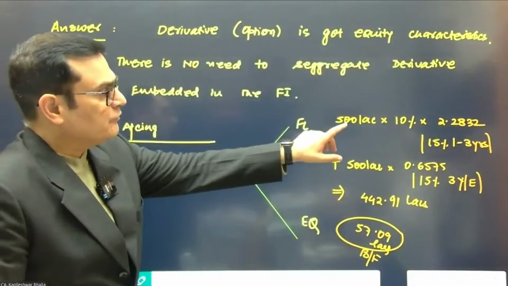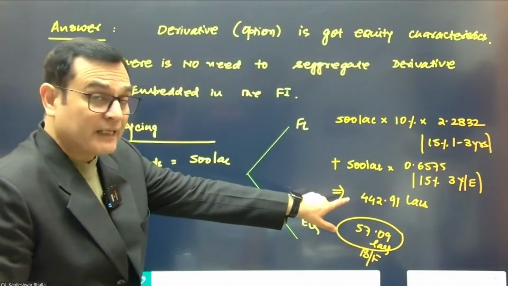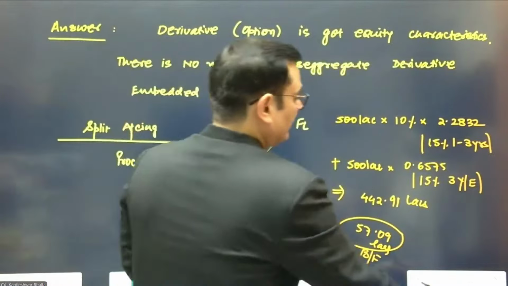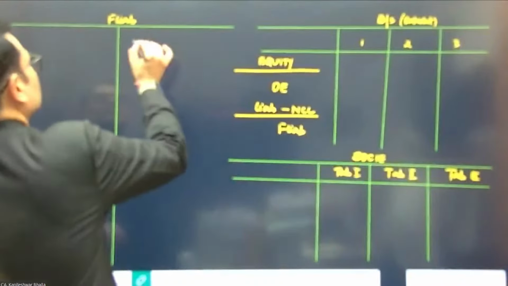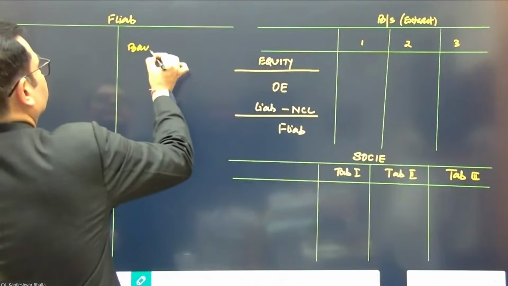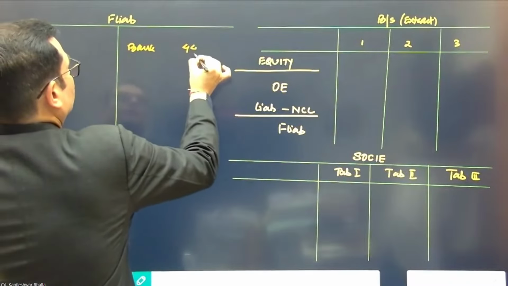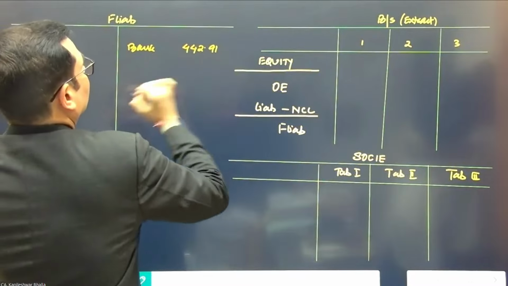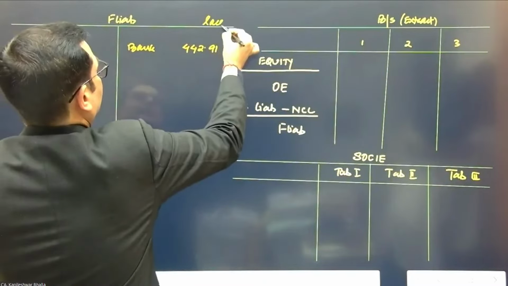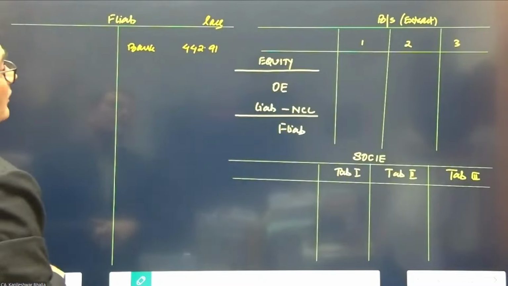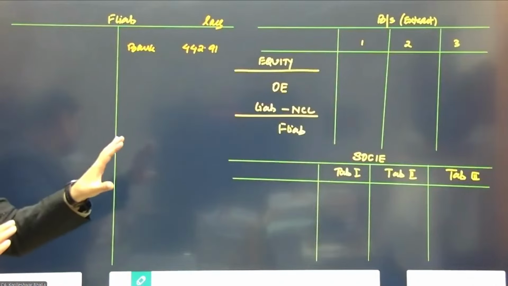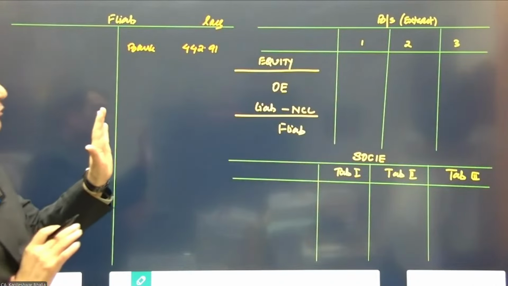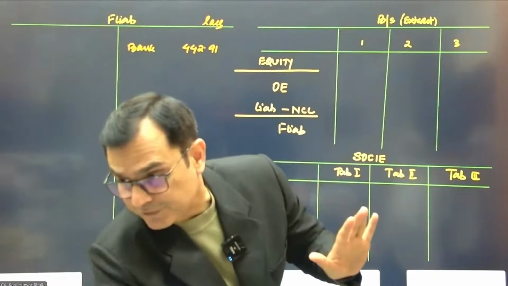You would put the entry: bank gets a debit, and the financial liability 442.91 lakhs. These figures are all in lakhs. First let's concentrate only on the ledger account.